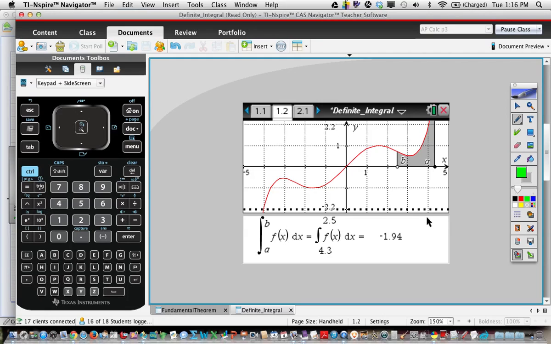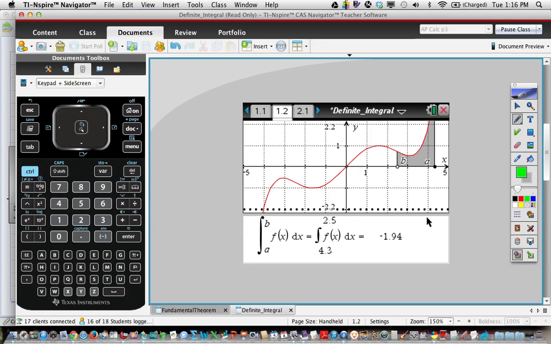But if an integral is written backwards, like this one, the 4.3 is on the bottom, the 2.5 is on the top. Notice what happened to the area. It's opposite. So here I've got area that's above the x-axis, which should be positive, but since my integral was written backwards, it's opposite. So that becomes a negative area.